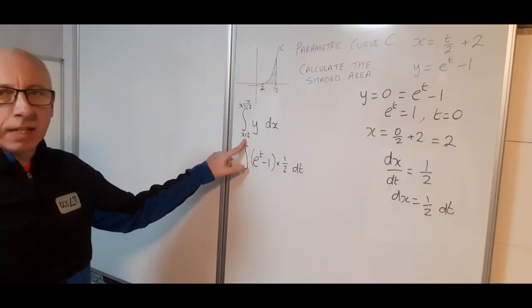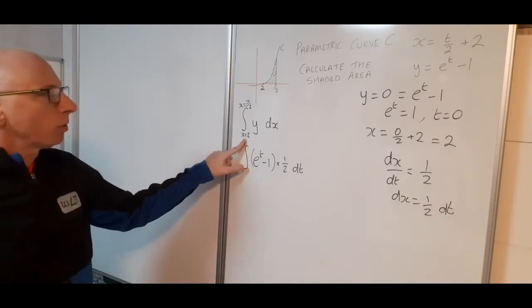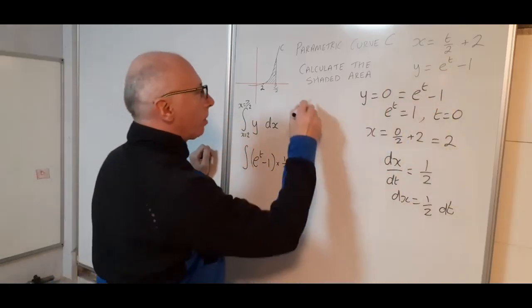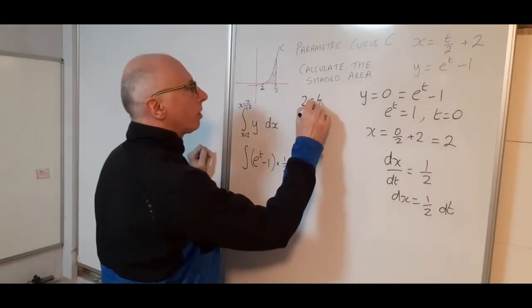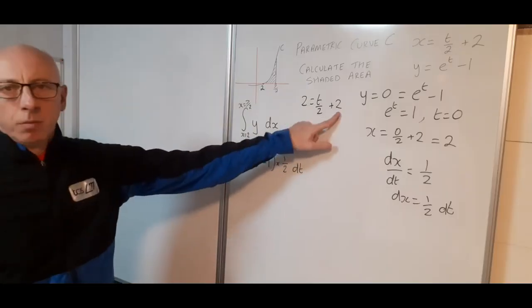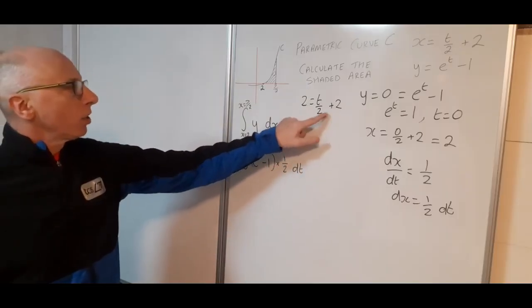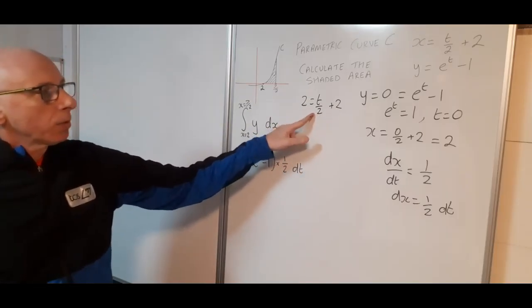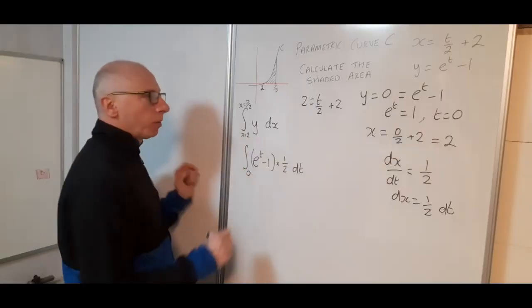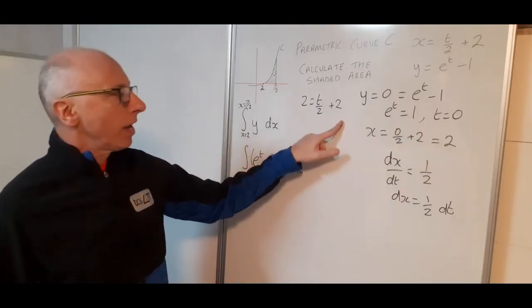And now my parameters of integration, I've got x equals 2. Now what is t when x equals 2? So let's plug that into there. So 2 equals t/2 plus 2. Okay, let's solve for that. t/2 plus 2, what does t equal? That equals 0, so t is 0. So we know that. We just kind of went backwards on that.